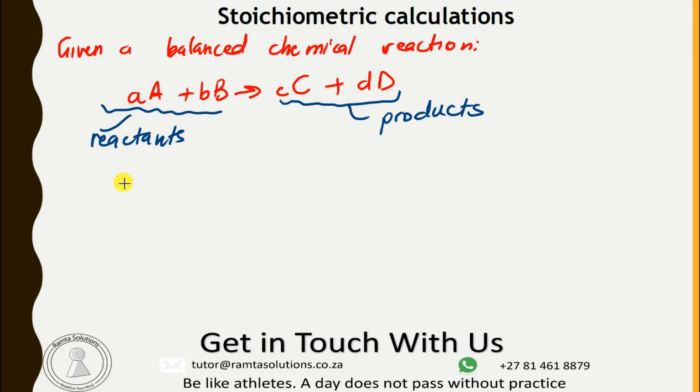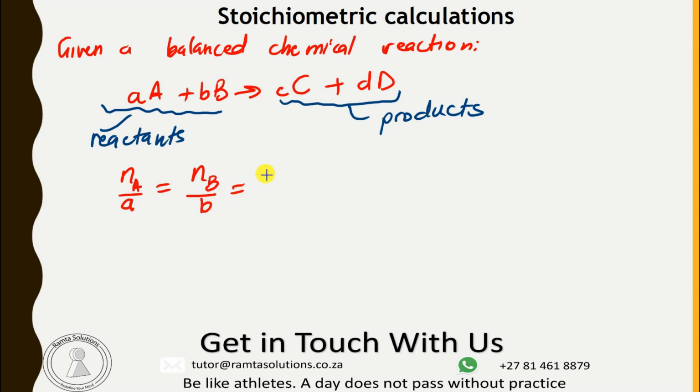You need to know that the ratio of the number of moles of substance A over its coefficient is equal to the number of moles of substance B over its coefficient.